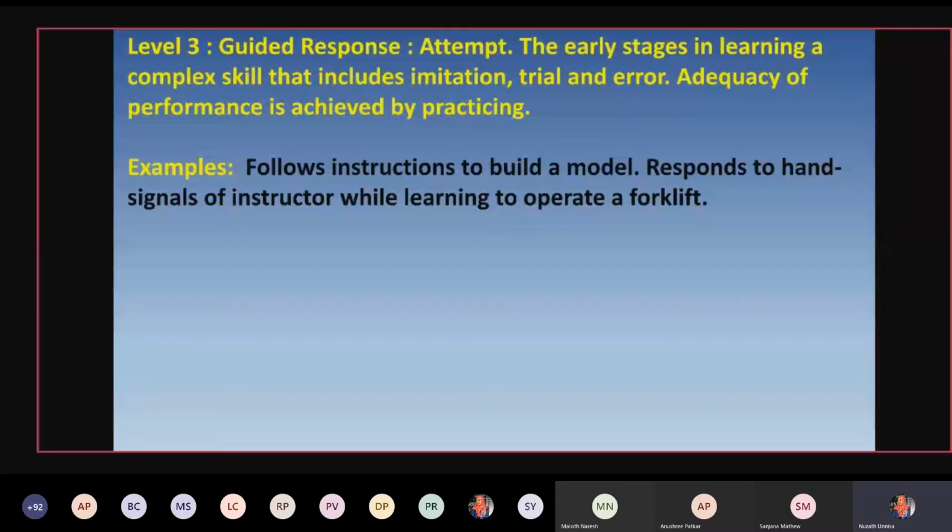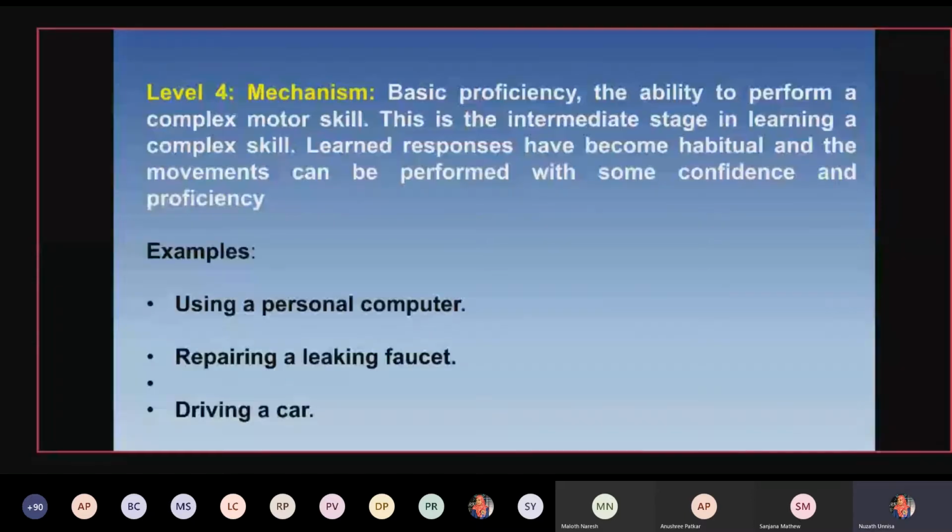Proficiency, wherein the learner is trying to improve proficiency in mastering something. This is the ability to perform a complex motor skill. This is an intermediate stage in learning. If we go to the examples, we have repairing a leaking faucet or trying to drive a car.